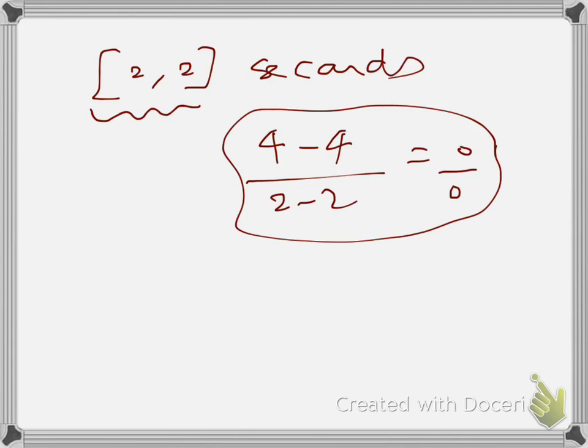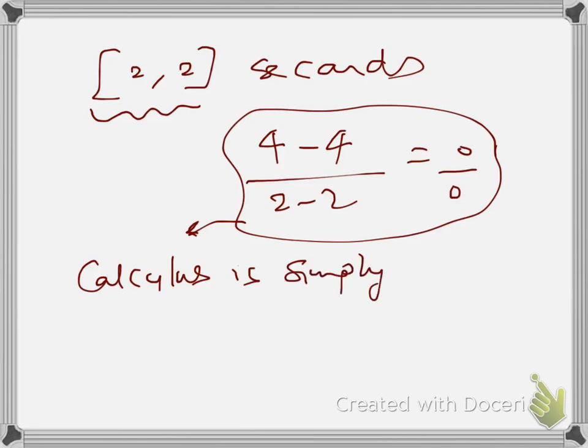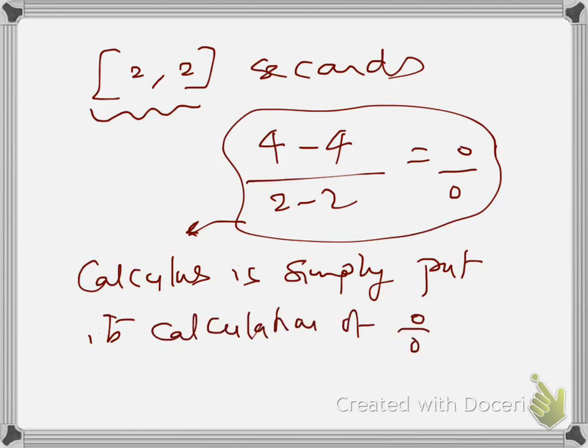Calculus is all about this. Calculus is calculation of 0 by 0. To make it very simple for you, it's much more deeper than that. But calculus is, simply put, for our case, calculation of 0 by 0 by indirect method.